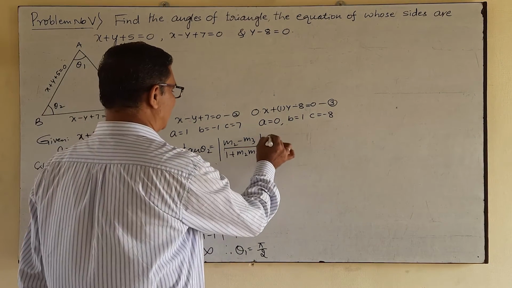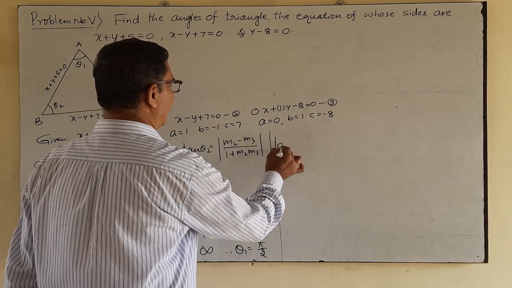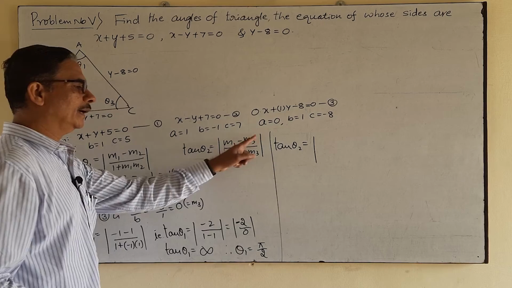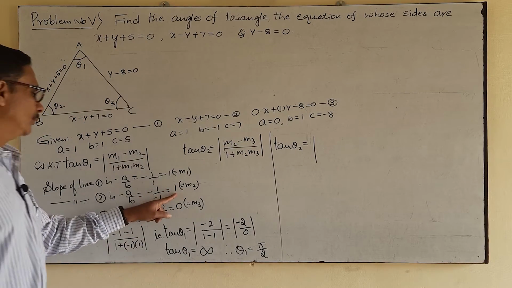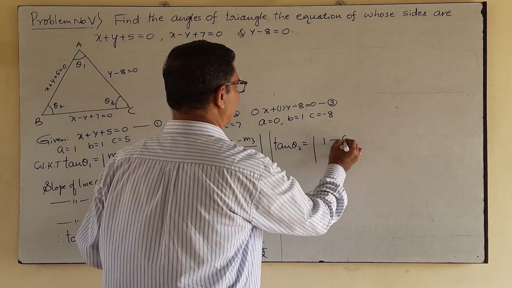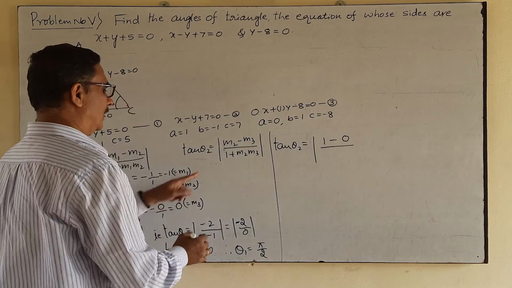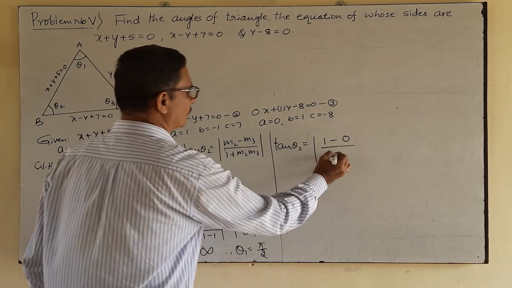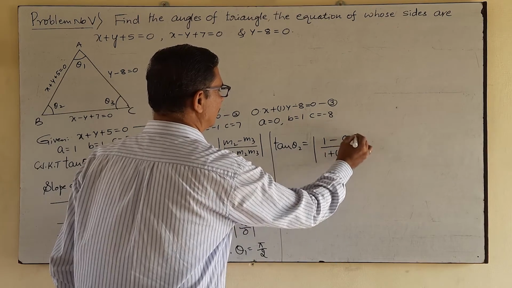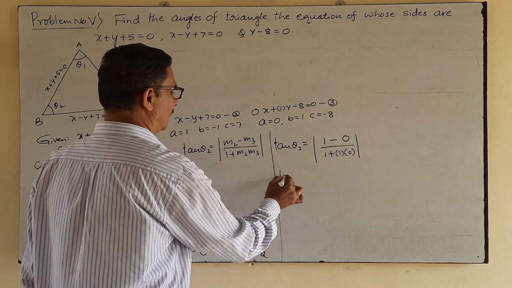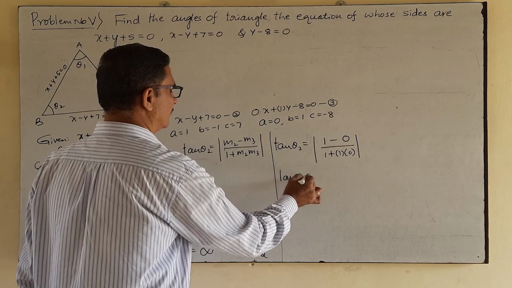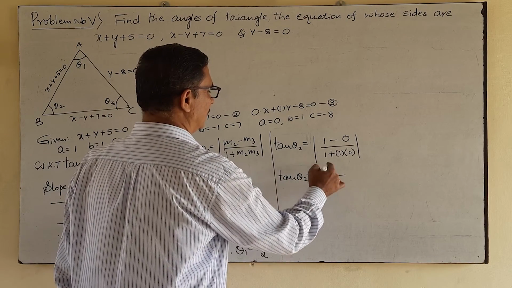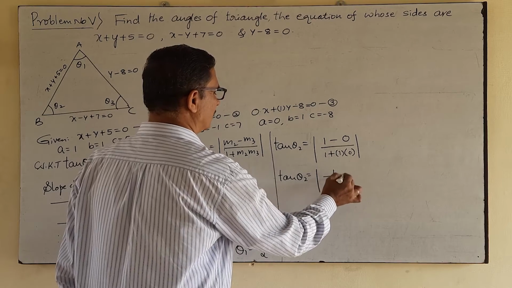Next, to find tan theta 2. Tan of theta 2 is equal to modulus of m2 minus m3 divided by 1 plus m2 m3, where m2 is 1 and m3 is 0. So tan of theta 2 is equal to modulus of 1 minus 0, which is 1, divided by 1 plus 1 into 0, which is 0.